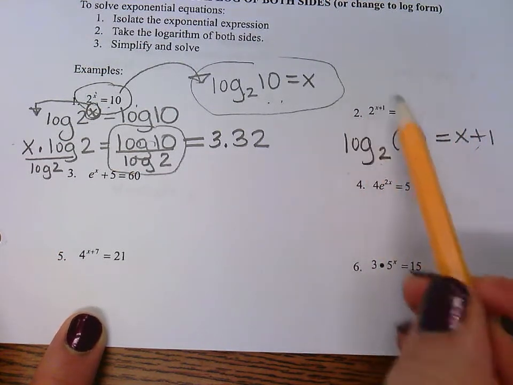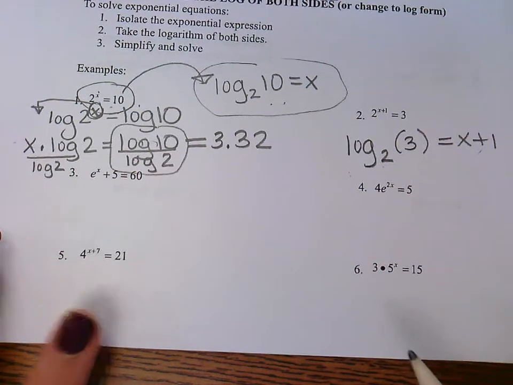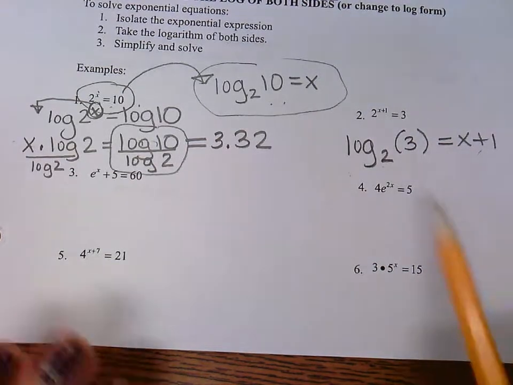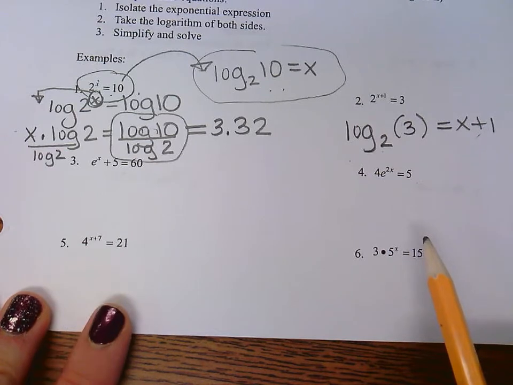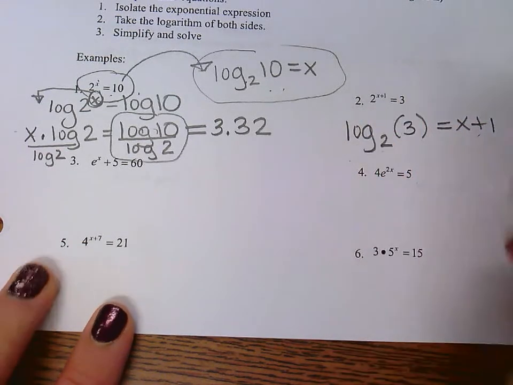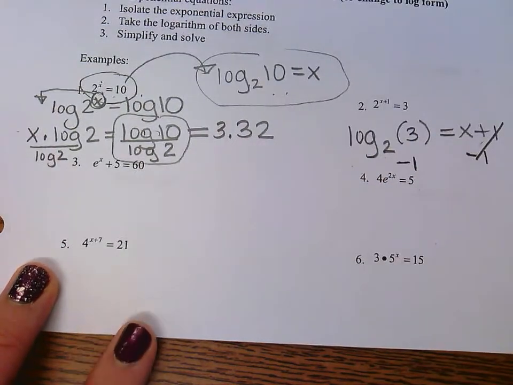So if you like just changing form into log form, to me that's a little bit easier if you understand how to go between the two forms. But if you don't, you would take the log of both sides and do the division. So you're going to evaluate the log base 2 of 3 on your calculator, and then at the end, you'd have to subtract 1 from your final answer.